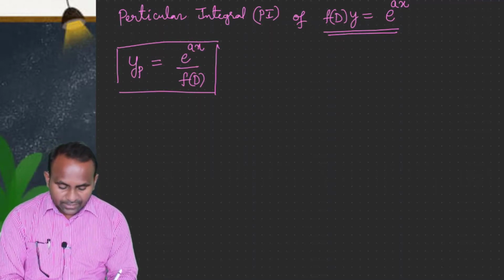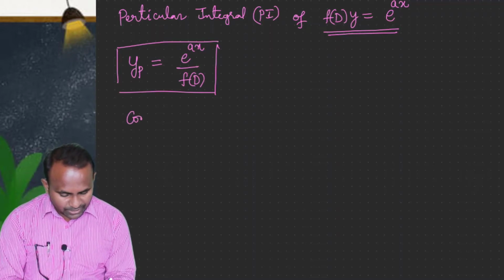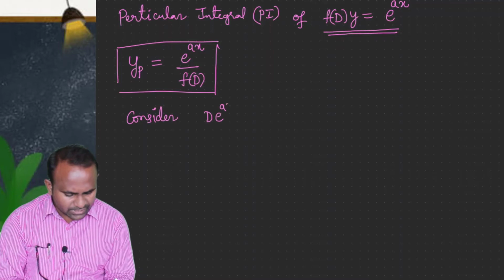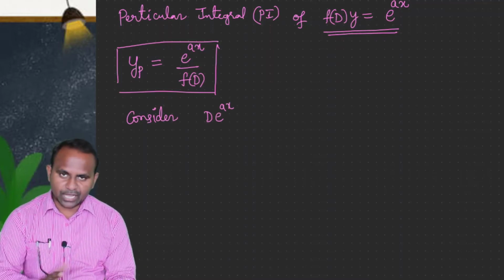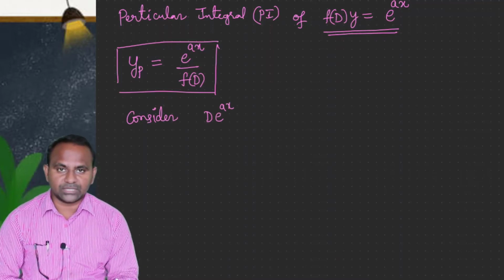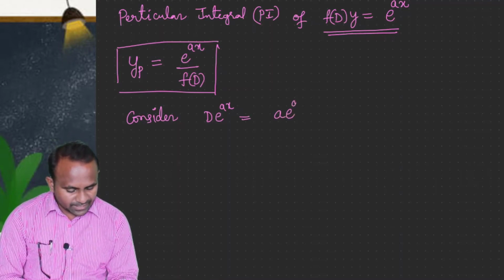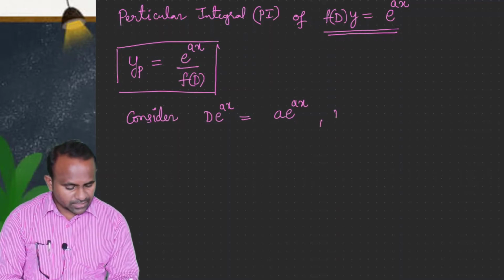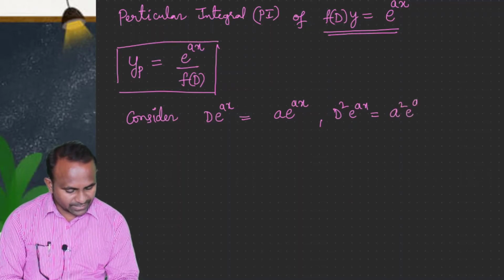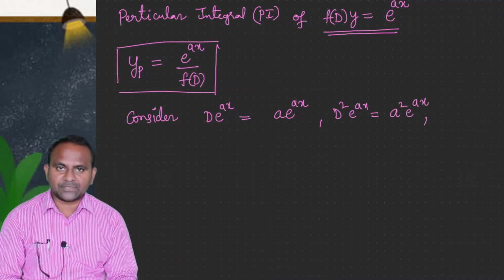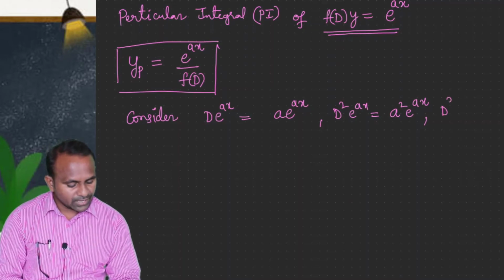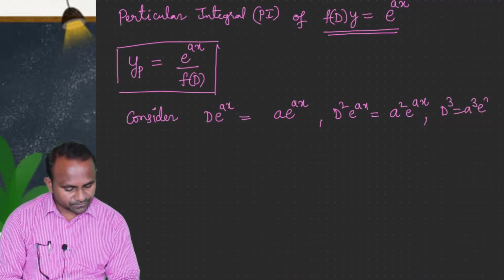Now to find this, let me consider a function like this. Suppose we consider the derivative of e power ax, and we'll see what will happen. D, as you already know, is the derivative, and D of e power ax is a times e power ax. Likewise, the second derivative of e power ax, again differentiating the right side, is a squared times e power ax, and D cube of e power ax will give you a cube e power ax, and so on.